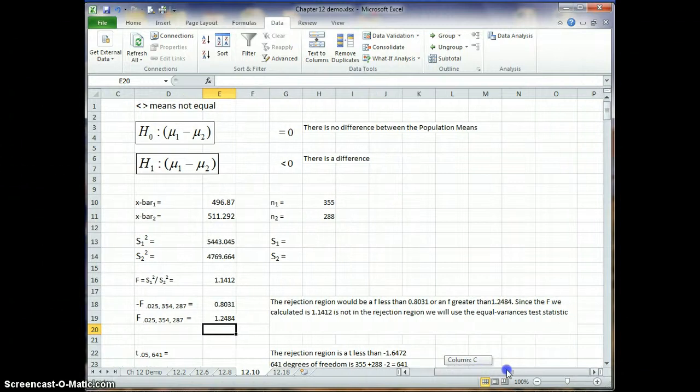So we can see right here that the rejection region would be an F less than 0.8031 or an F greater than 1.2484, and since the F we calculated is 1.14, it's not in the rejection region, so we'll use the equal variances test statistic.